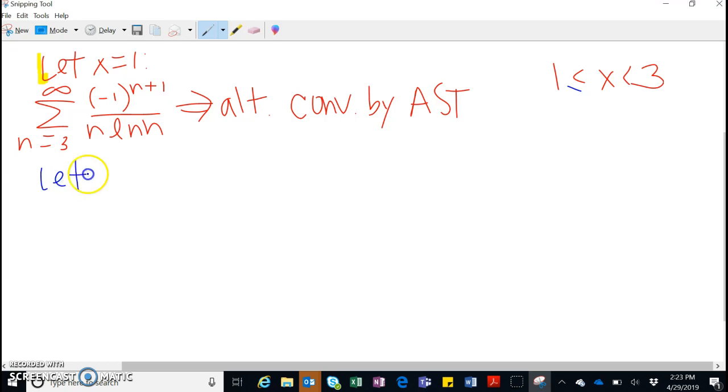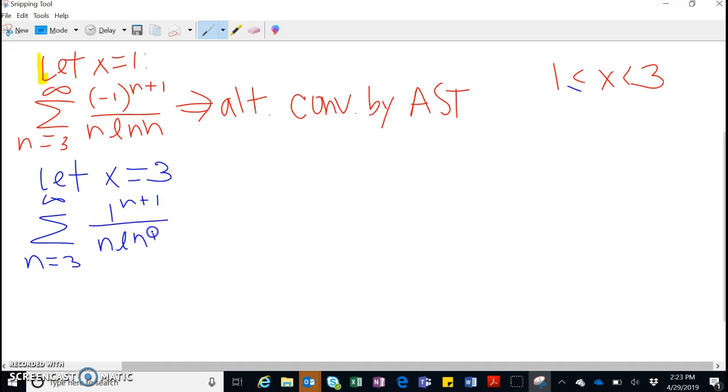I want to also verify what's happening at 3. That means my summation, (3 minus 2) to the n plus 1, becomes 1 to the n plus 1 over n log n. If I rewrite just a tiny bit, 1 to any power is 1, so this is really the sequence inside of that sum.